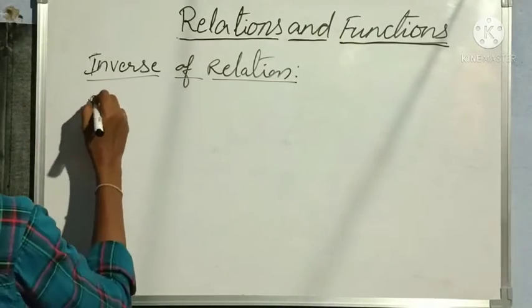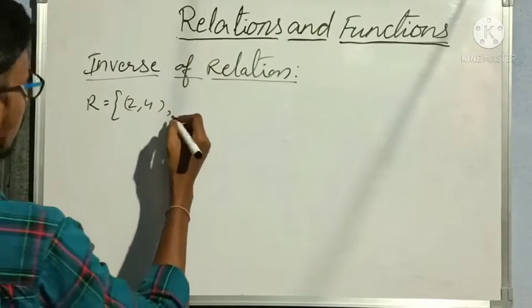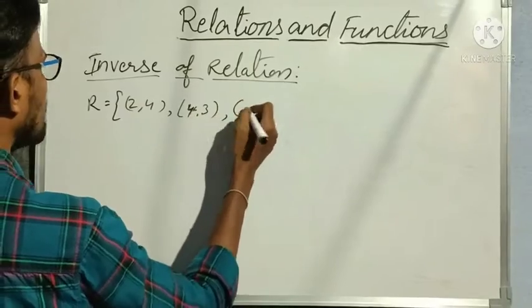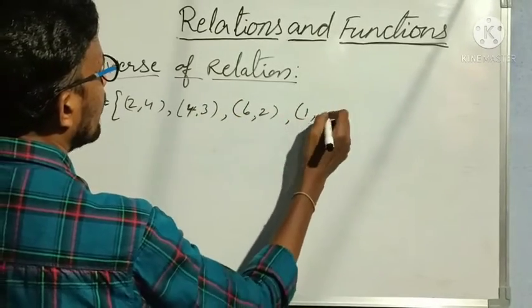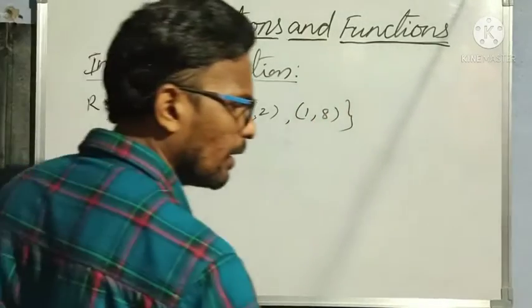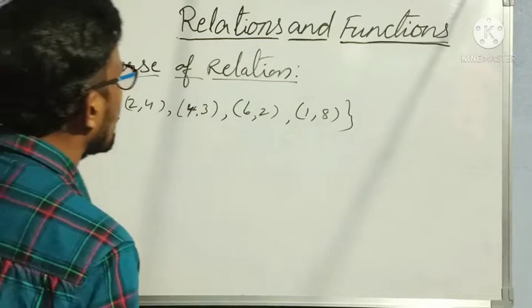First, suppose I am taking my relation as R is equal to 2, 4, 4, 3. Whatever elements we want, we can take 6, 2 and 1, 8 like this. So these are my elements of the relation: 1, 2, 4, 4, 3, 6, 2 and 1, 8.